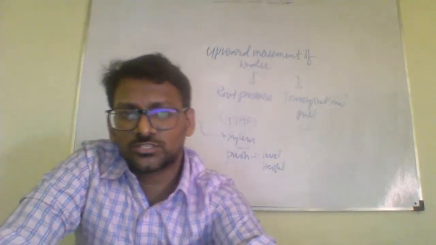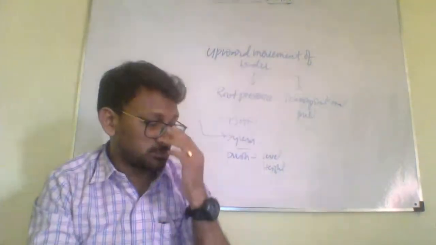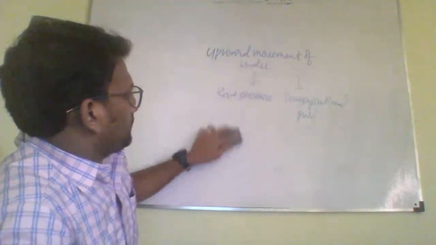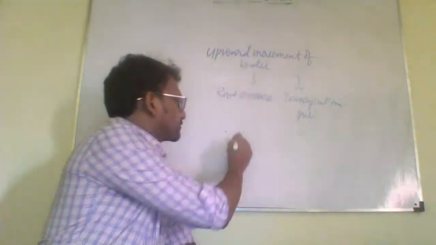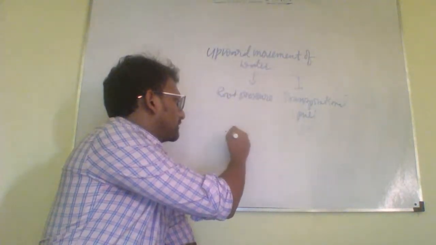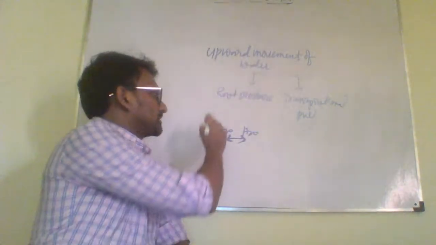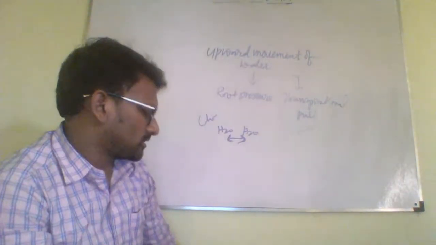So what exactly does cohesion mean? Cohesion means mutual attraction between two water molecules, right? So when there are two water molecules, mutual attraction between them, that is cohesion.